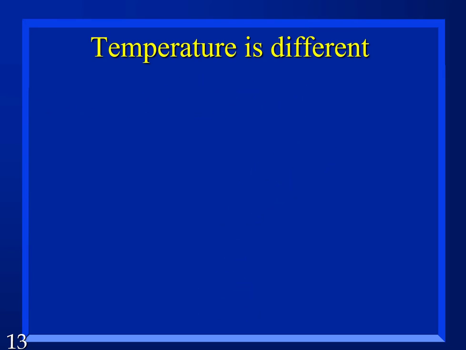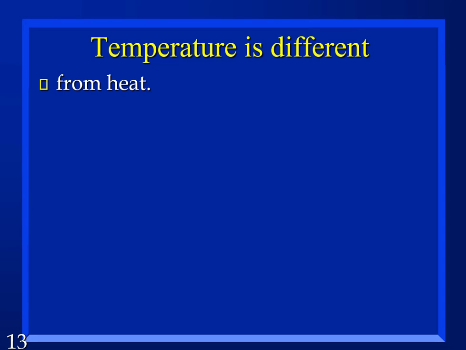But, so, temperature is different from heat. They are not the same thing. Let me try to convince you of that. We said the temperature of boiling water was 100 degrees Celsius.